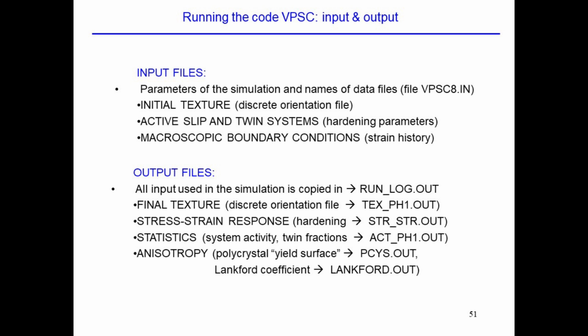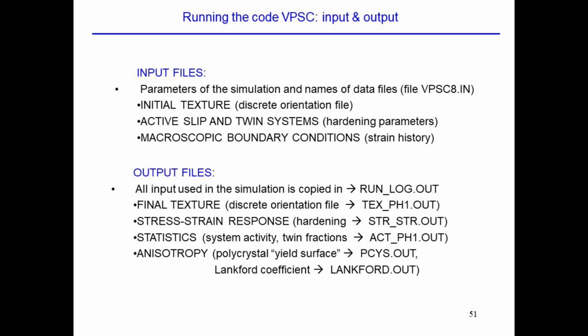And as an output, there is this run log out file that has the information about the run, the texture file, the stress strain file, the activity in the slip and twin systems, and eventually there may be, if you ask for, a polycrystal yield surface file and the LAM4 file. We are going to see today what they look like.